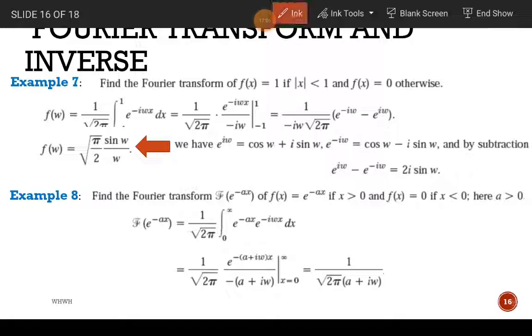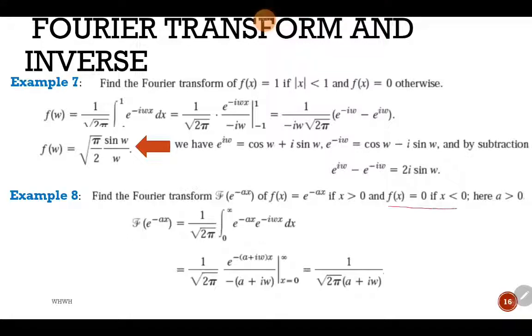So example 8 ialah cari the Fourier transform of e to the power of negative ax, if the function is this and x lebih besar daripada 0, and 0 when x is less than 0. Okay, tak apa, yang ni kita akan tengok balik. Saya akan explain apakah maksudnya di sini.